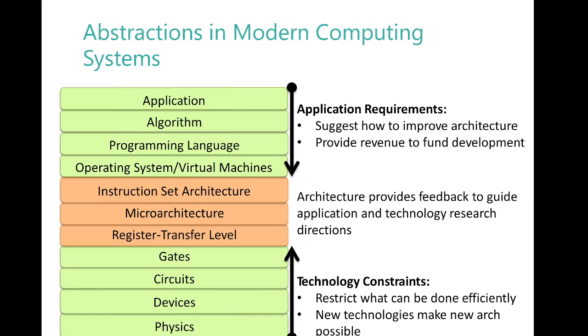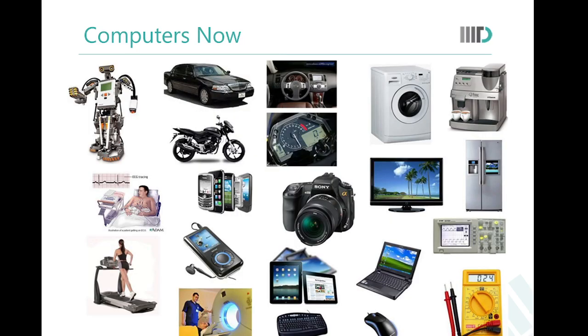So, we have different abstraction layers, as we can see here, and dividing this whole problem into smaller abstraction layers made this problem more manageable, or this challenge more achievable.